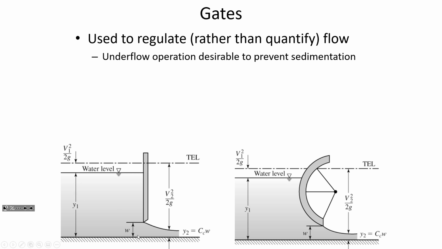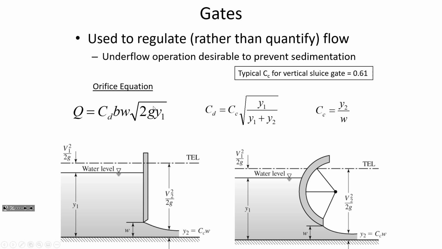But in both cases, whether it's a frame or a radial gate, the water flows along the bottom of the channel, which is great for avoiding the sediment issues we've talked about before with broad-crested weirs and sharp-crested weirs, where as the water slows down approaching a gate, sediment that was previously entrained and kept moving because of the water's velocity, as the water velocity slows down, then particles begin to settle. And so it's good that we've got this underflow gate, because then it can draw them through the opening of the gate and prevent it from getting clogged.